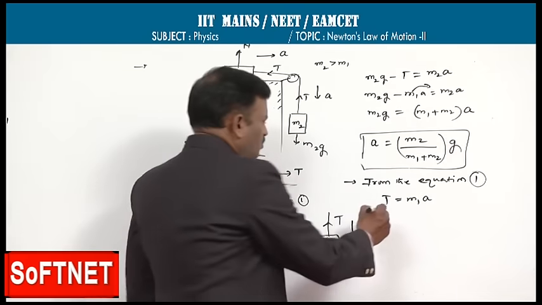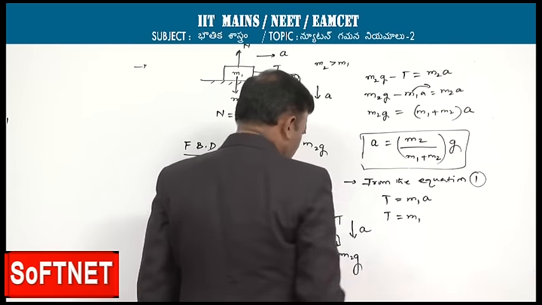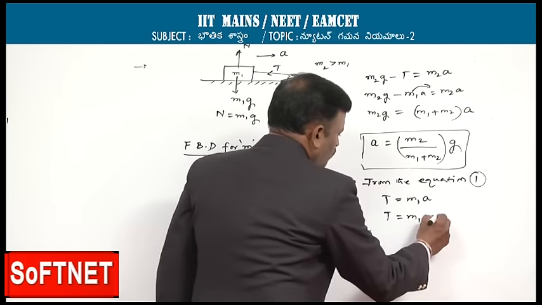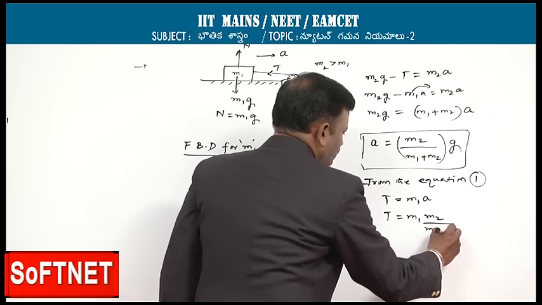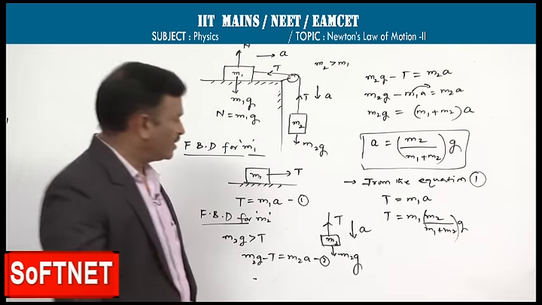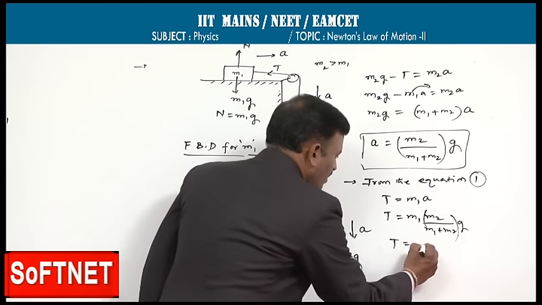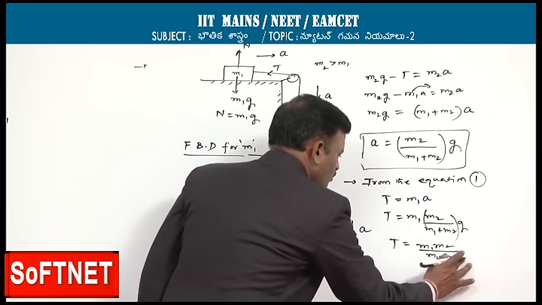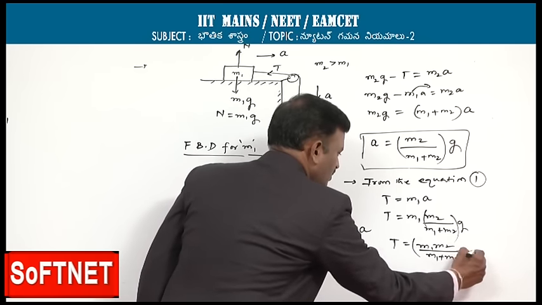Then T is equal to m1, and a is m2 by m1 plus m2 into g. Finally, you will get T is equal to m1 m2 by m1 plus m2 into g.